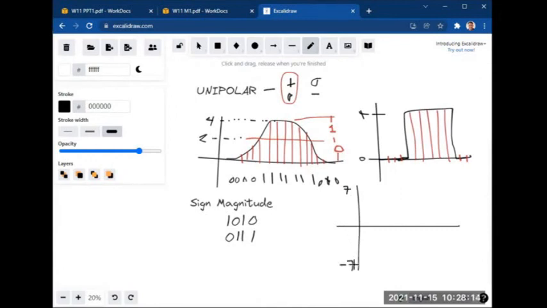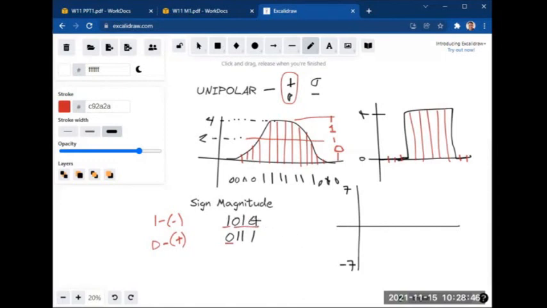We will be making use of the negative as well in sign magnitude. Okay, and then what happens here is the first digit will be used to determine the sign. So for 1010, let's say ones will be used to indicate negative, zeros will be used to indicate positive, depending on the system, of course. And then the rest of the code will be used to identify the magnitude.